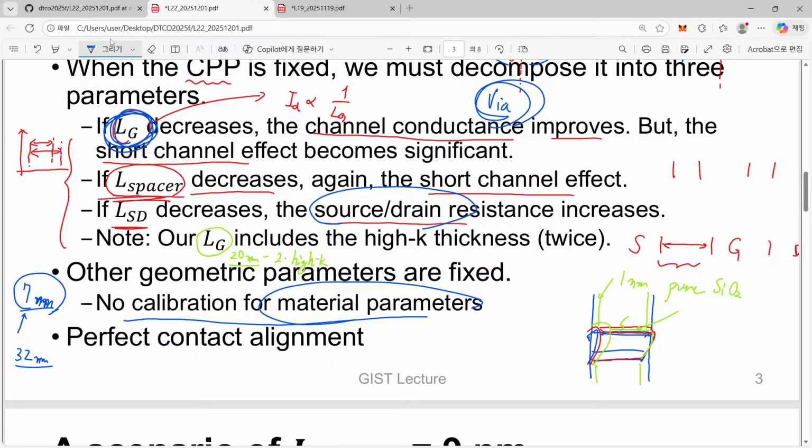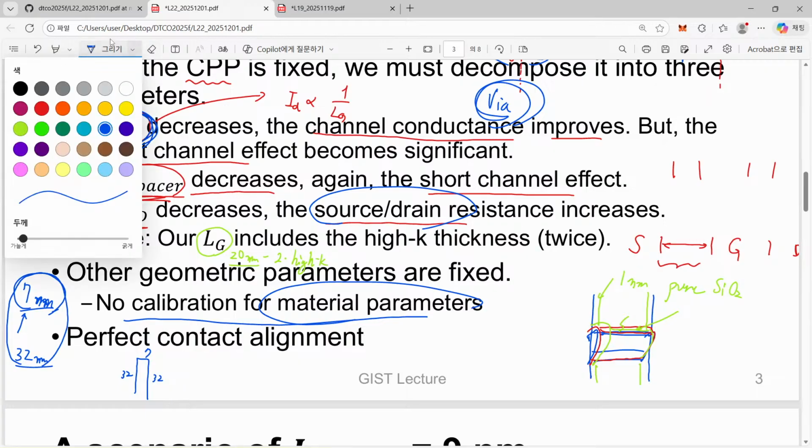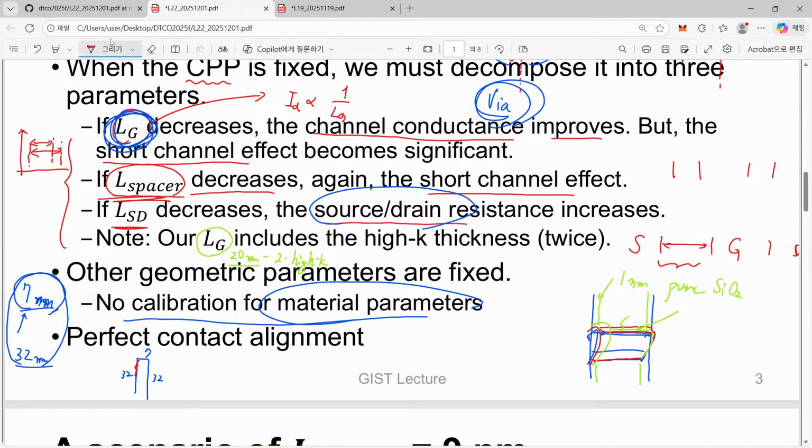Here we need to do something. The fin just looks like this: 32, 7, 32. So its aspect ratio is like 1 to 4 or 1 to 5. So it's not that tall. But what I wanted to say is, when we have this kind of fin, the usual way we normalize our drain current is by this effective width.